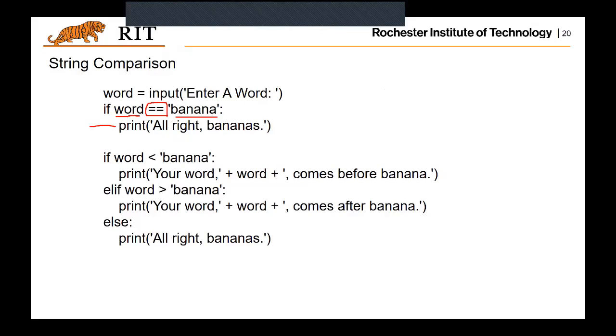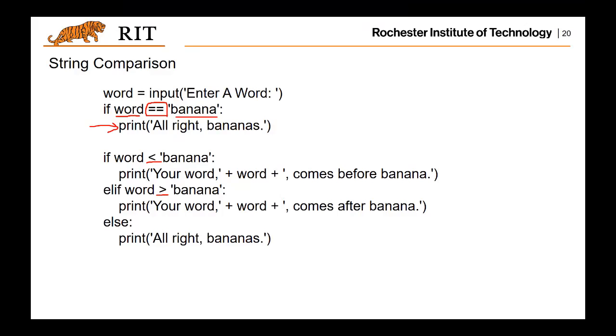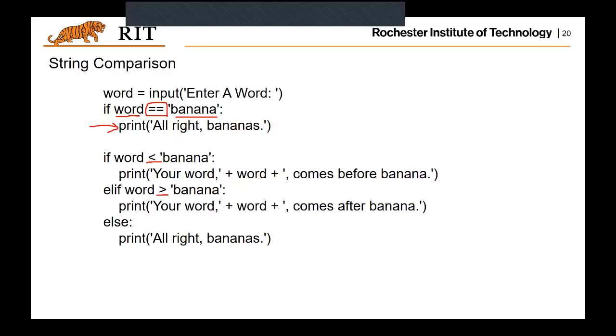If yes, this line will be printed. Also, there's smaller than and greater than. What does it mean? You can have a trial and tell me, all right? In the next 3 minutes, please work on it. Type it in your Jupyter notebook and let me know what you have.